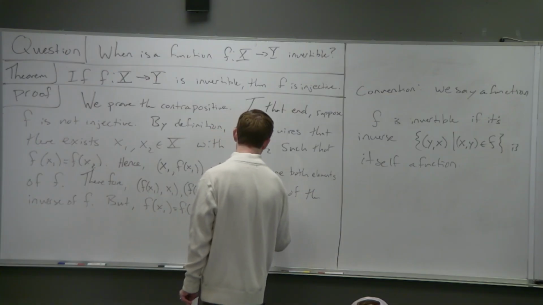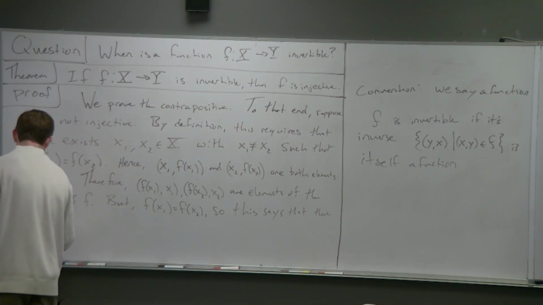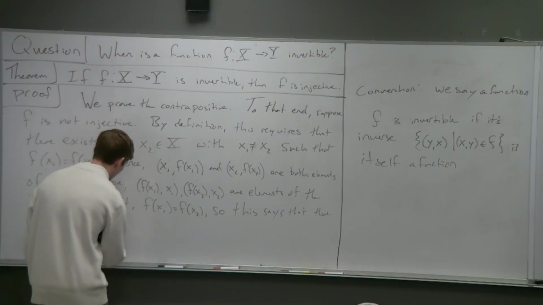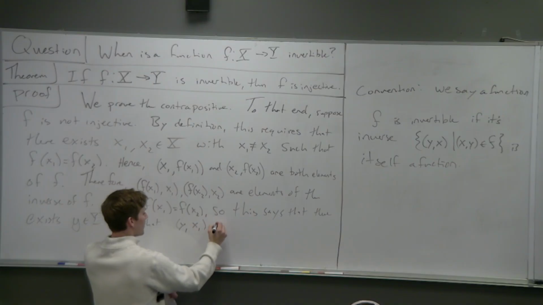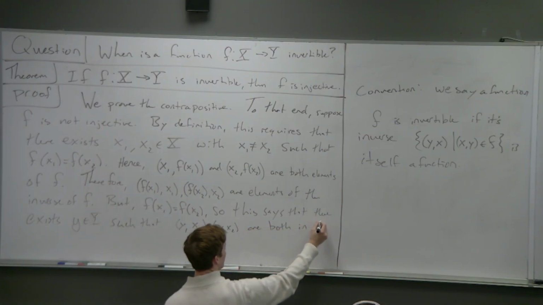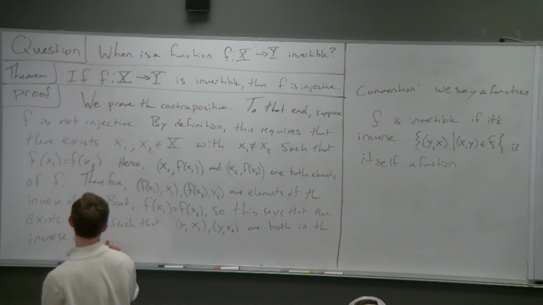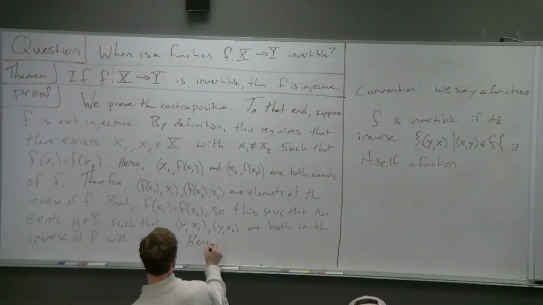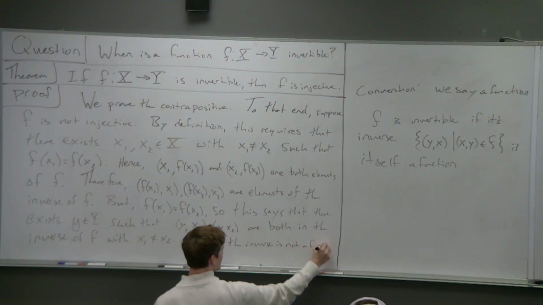So this says that there exists y in big Y such that y x1, y x2 are both in the inverse of f with x1 not equal to x2. Hence, the inverse is not a function.